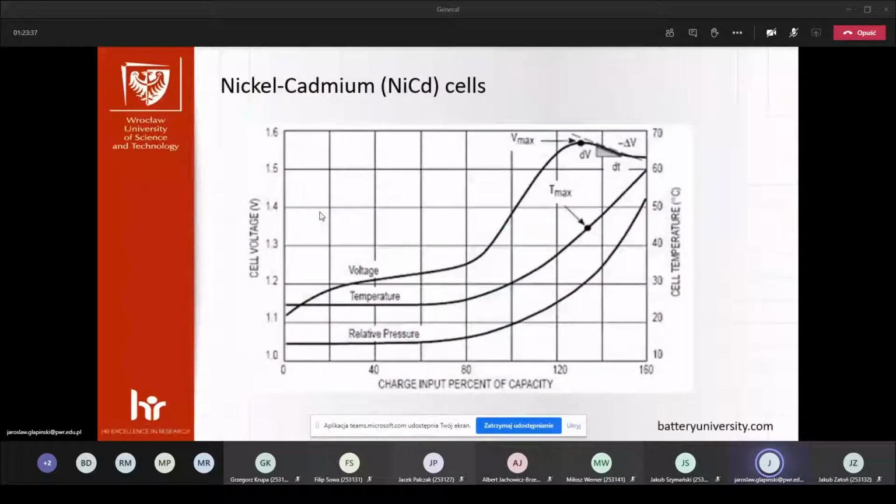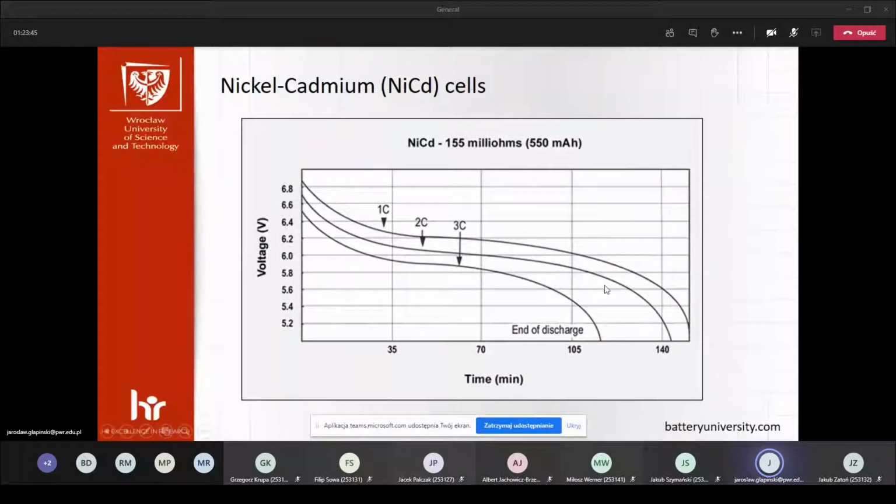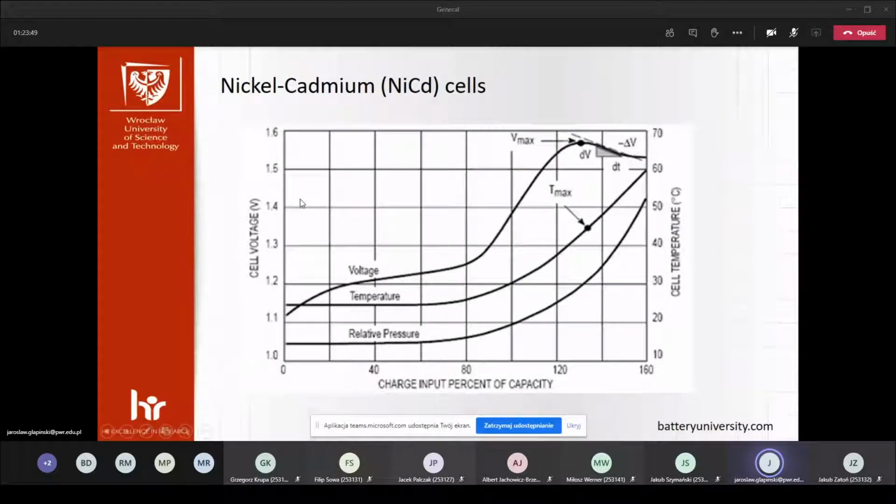Okay, so we are talking about the discharge. This is the discharge process of the nickel-cadmium accumulator. And how can we charge the batteries? Generally, nickel-cadmium accumulators are very well chargeable, so we can do this in many ways.